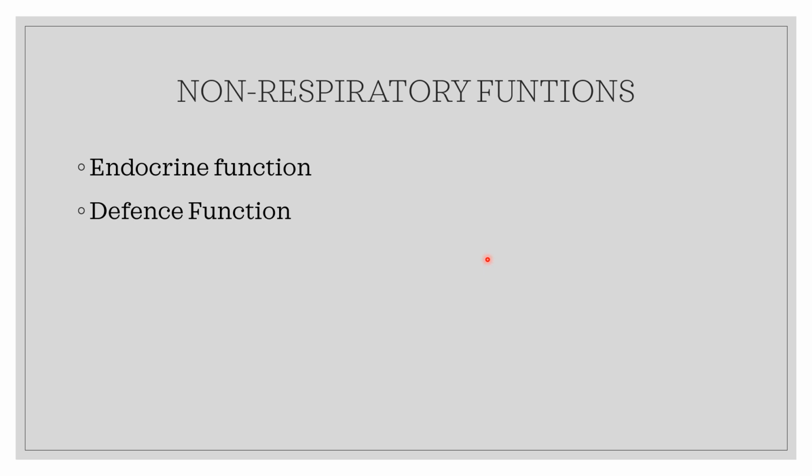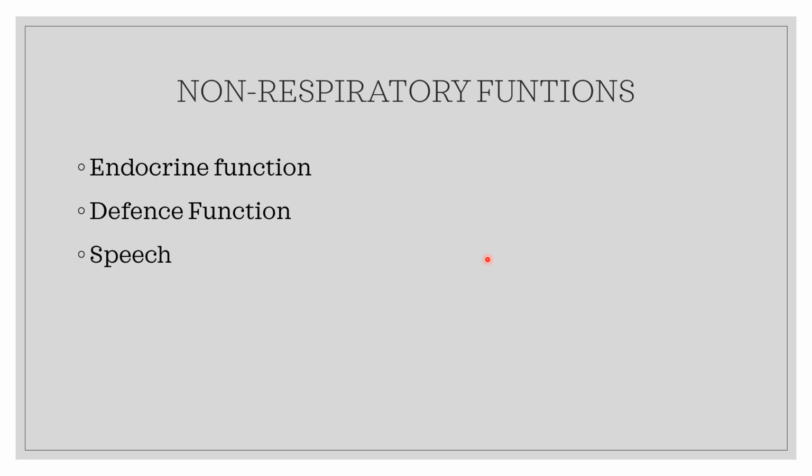There are secretions from the epithelium which contain immunoglobulin A. It maintains the integrity of the mucosal lining and provides resistance to infection. The epithelium of the lung contains protease activated receptors which, on activation, release prostaglandin E2, which protects the pulmonary epithelial cells. So these are all the defense functions of the respiratory system.